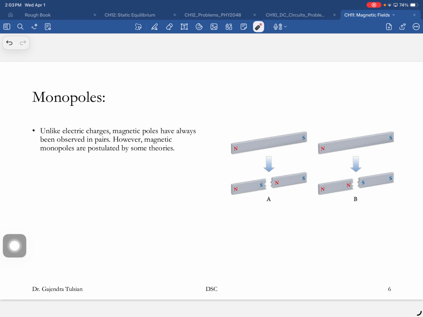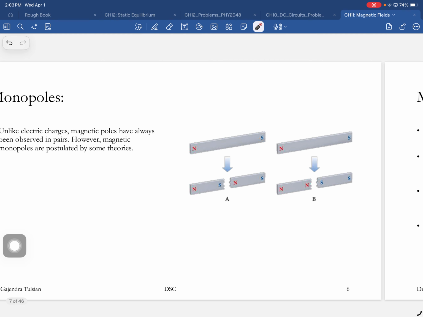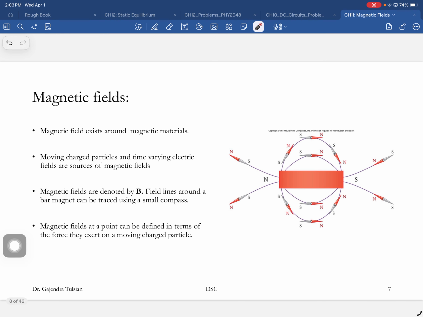For a negative charge, you could use your left hand, but I like to figure out the force on the positive charge, and then the force on the negative charge is in the opposite direction. Again, the important thing to remember is the force is perpendicular to the plane containing V and B.